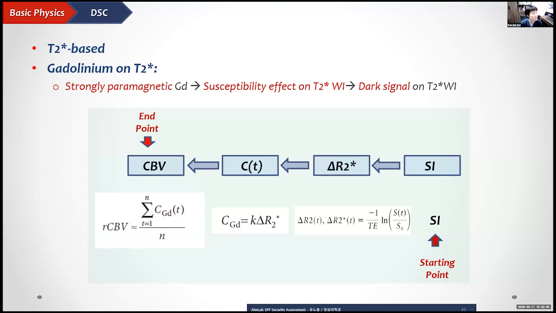As you all know, DSC PWI is T2 star-based imaging, and the strongly paramagnetic gadolinium induces a susceptibility effect on T2 star weighted imaging and causes dark signal intensity on the imaging. So we start with the signal intensity, which is converted to the change in relaxivity, which is then converted to the concentration of the contrast agent within the tissue and converted to various parameters in perfusion weighted imaging.